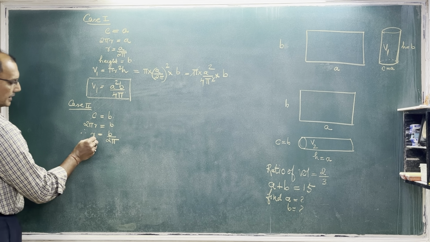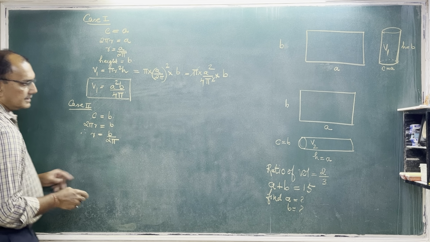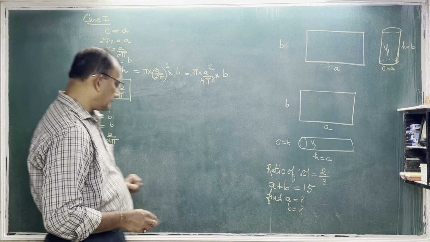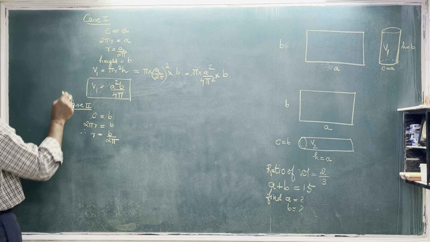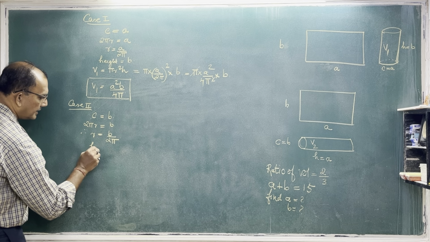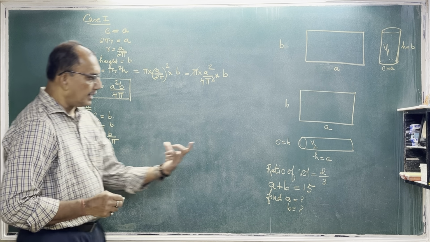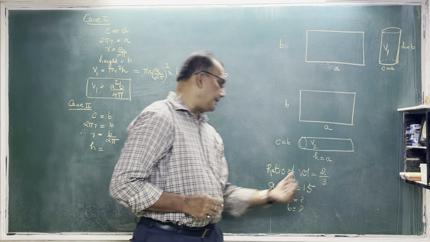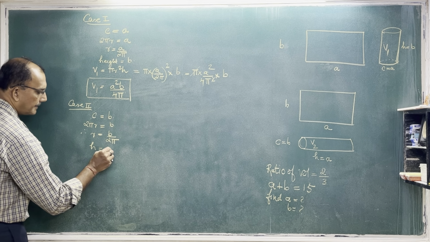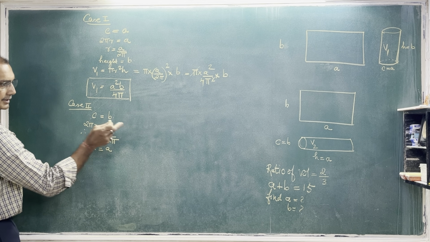So this is my radius of the second cylinder. Height of this particular cylinder is A.